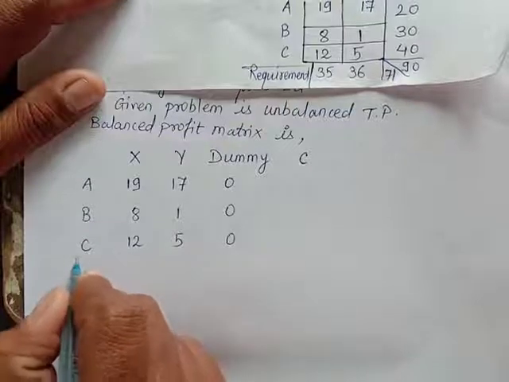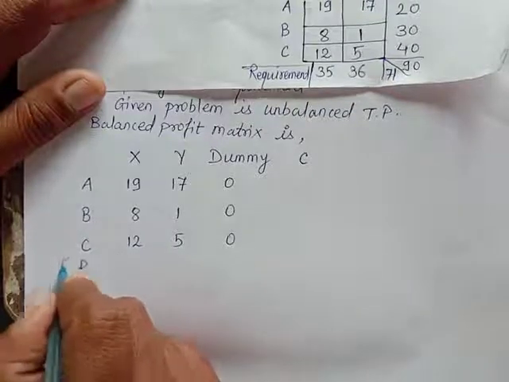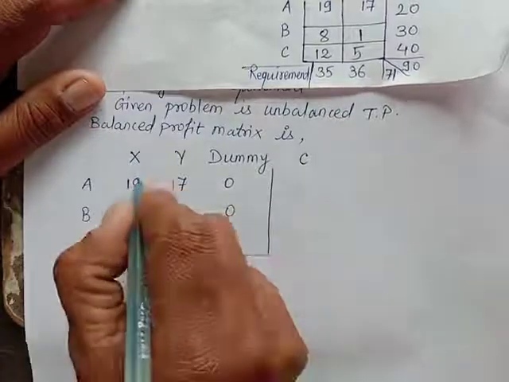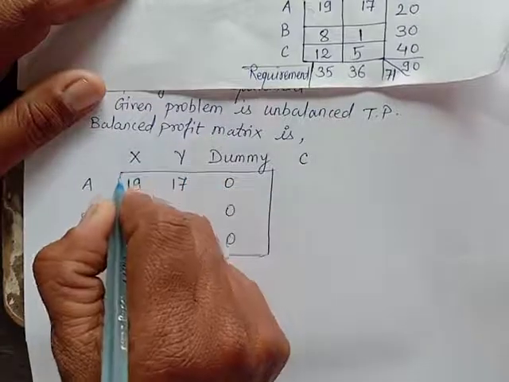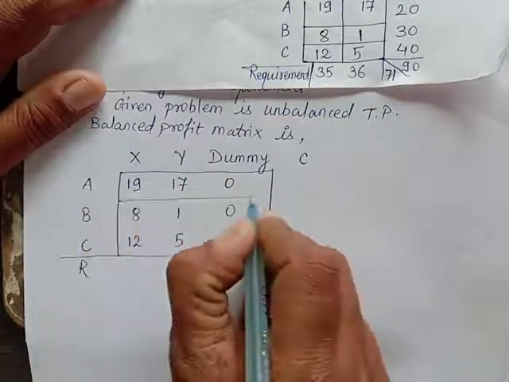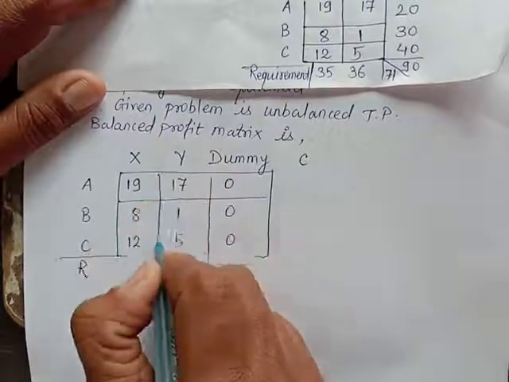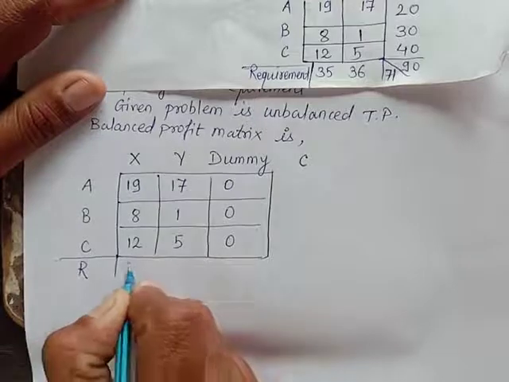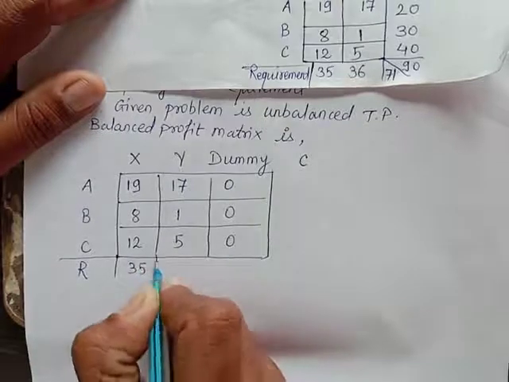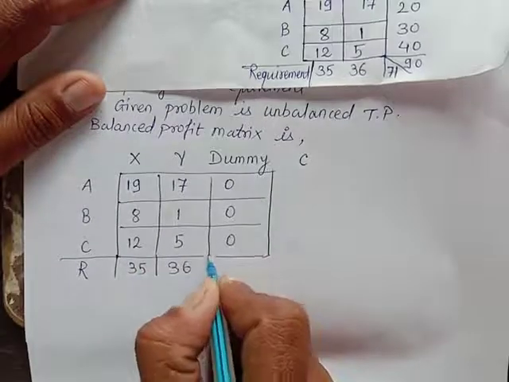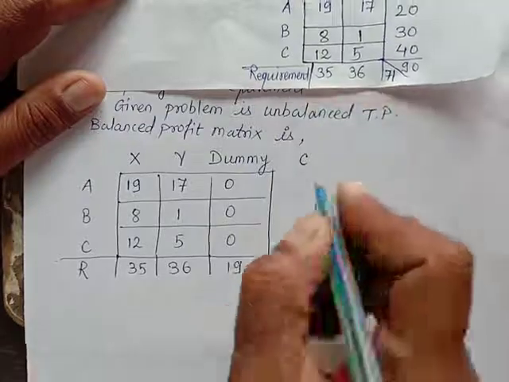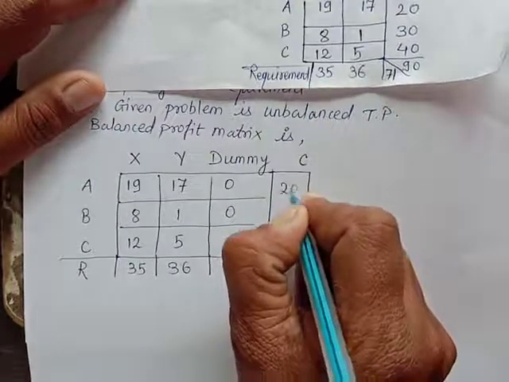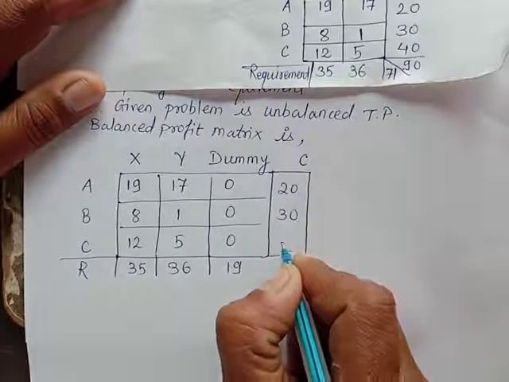And the requirements, for requirement let me write R. Now for requirement, we know here the requirement is 35, here it is 36, and here it is 19. And the capacities are as it is 20, 30 and 40.